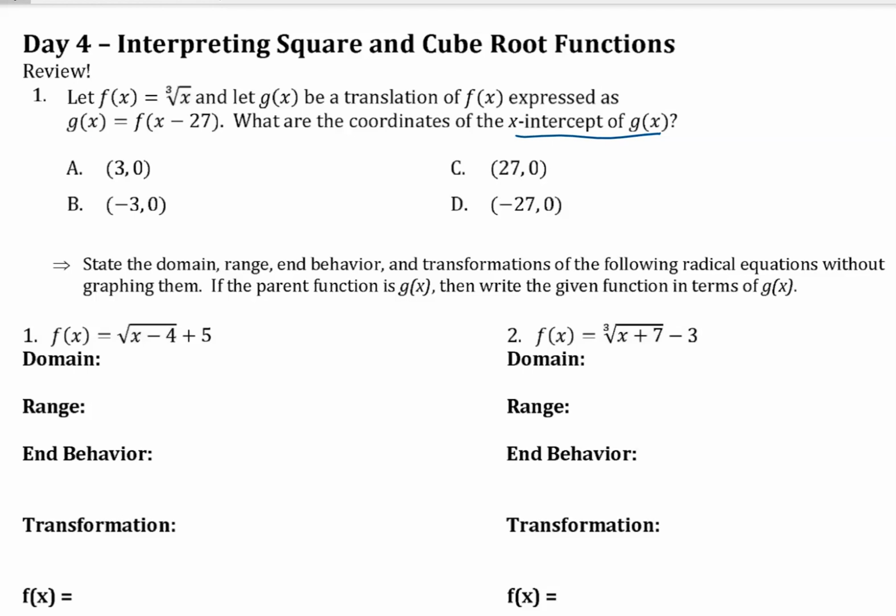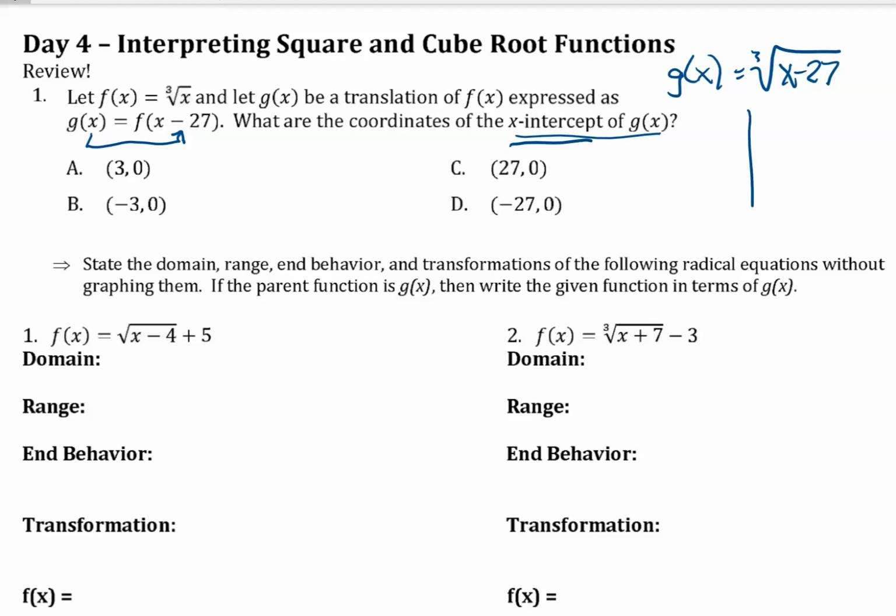It means that for g of x, we've replaced x with x minus 27. So we would rewrite this g of x as the cube root of x minus 27. So we're going to evaluate the cube root of x minus 27 for the x-intercept.